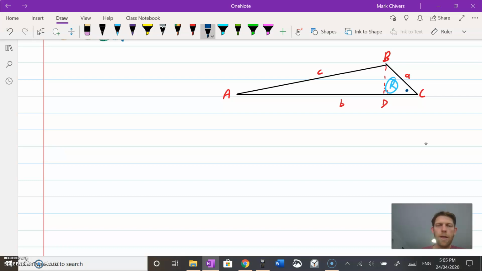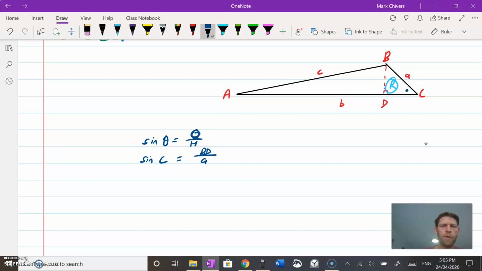So we've got the sine of theta is going to be the opposite over the hypotenuse. And in this case, theta is C, so we're going to say sine C equals the opposite to C, that angle B, is that side BD, which is our height. That's the bit we want to know. And A is the hypotenuse of that particular triangle.